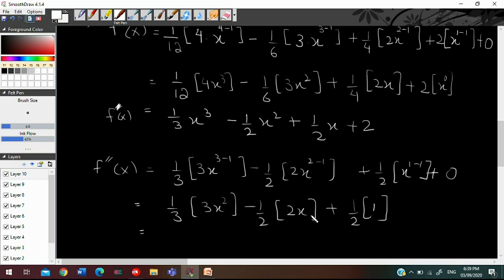When we simplify it further, we have x square plus x plus 1 by 2. So this is the second derivative of our function.